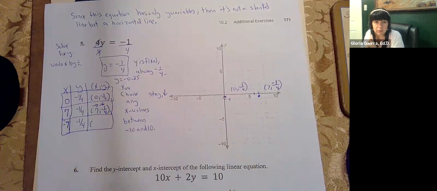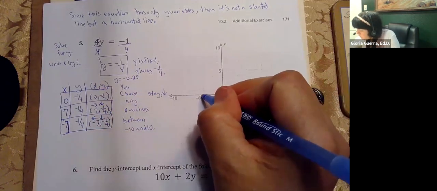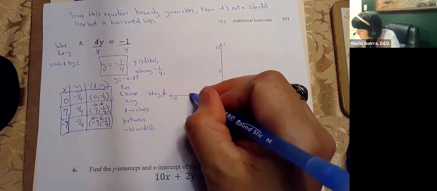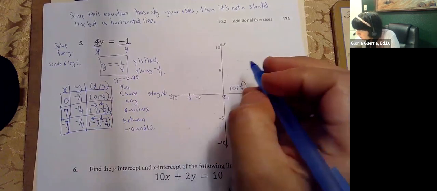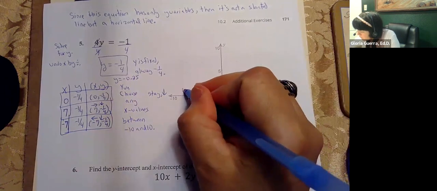Okay, then I go to -7, and I'm just randomly picking x values. So -7, -1/4. So I go to the left and then I go down. So go to the left, -5, -6, -7, and then go down. So -7, -1/4.